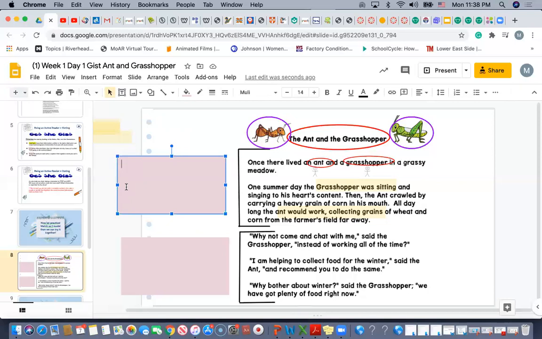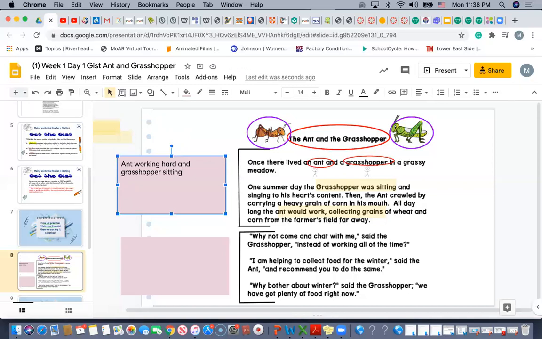So I'm going to say, ant working hard, and grasshopper sitting. Again, these are not complete sentences.